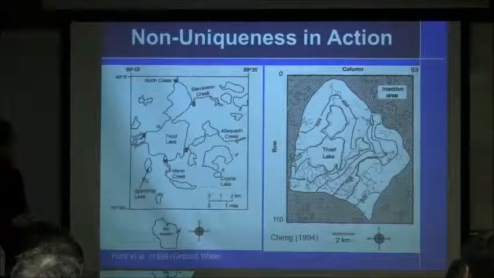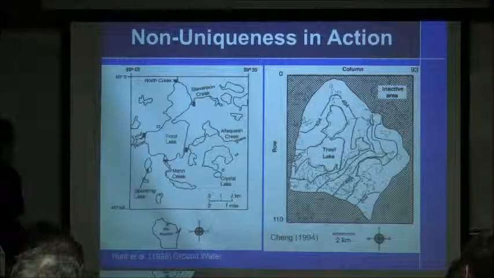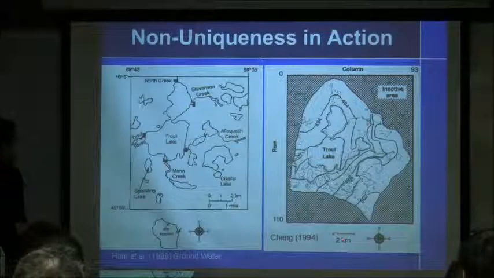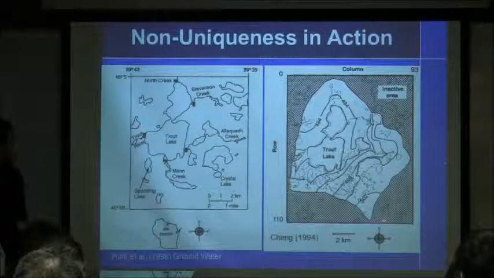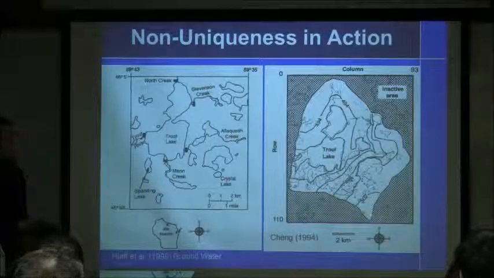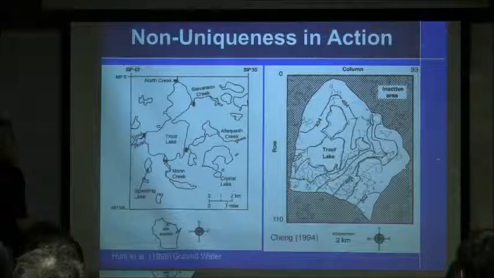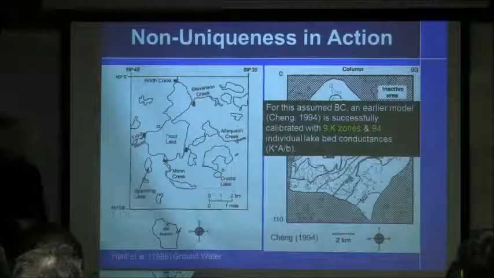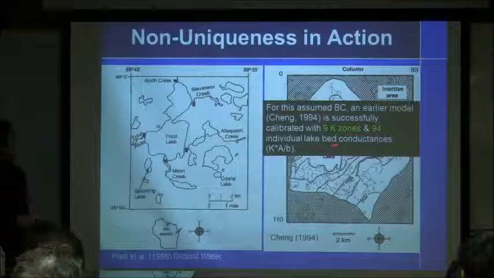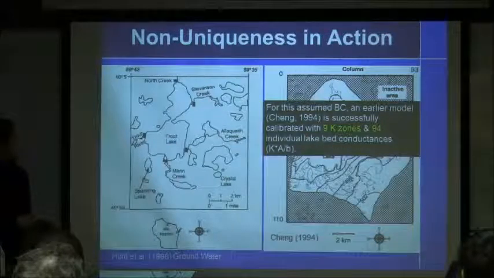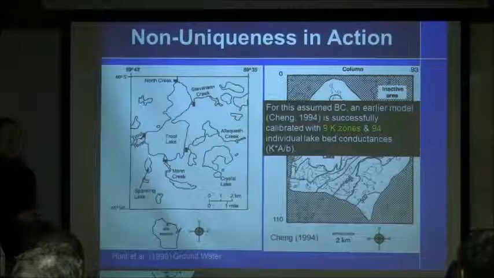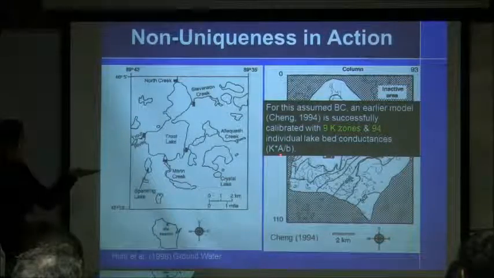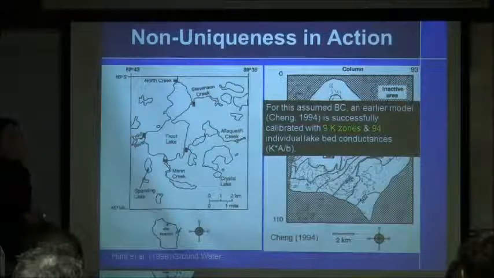Non-uniqueness in action. This is a problem of an aquifer and lake system being modeled in Wisconsin. Chen, 1994, assumed a no flow boundary in this model domain based on some limited data. Then they calibrated this model successfully with 9 hydraulic conductivity zones and 94 lake bed conductances, which is really the lake bed conductivity times the lake bed zoned area, because it is a heterogeneous problem, divided by the lake bed thickness.